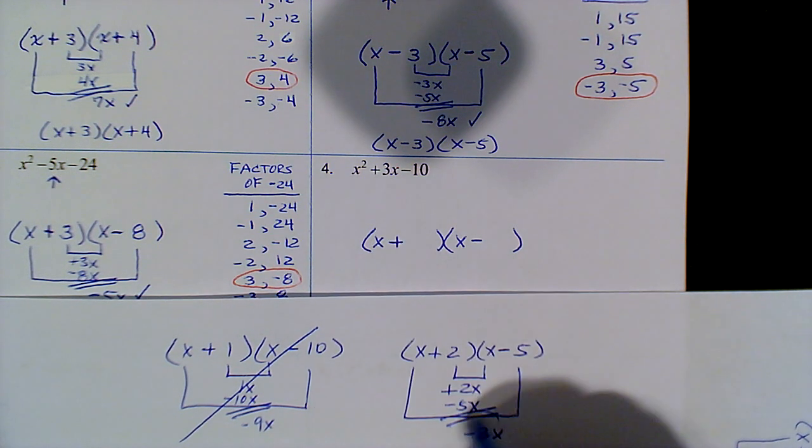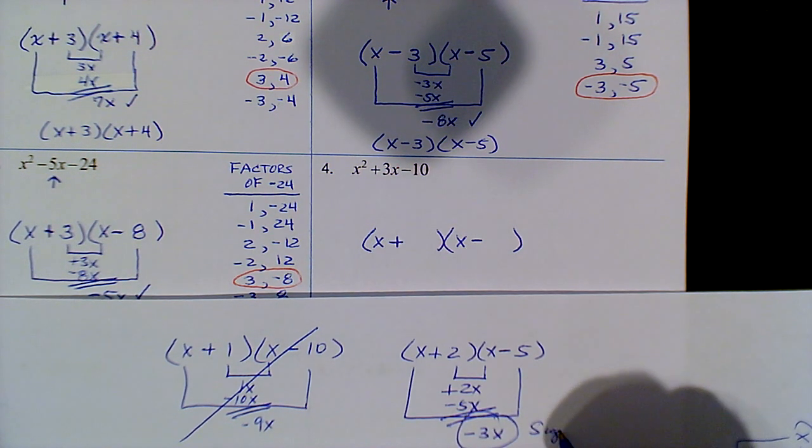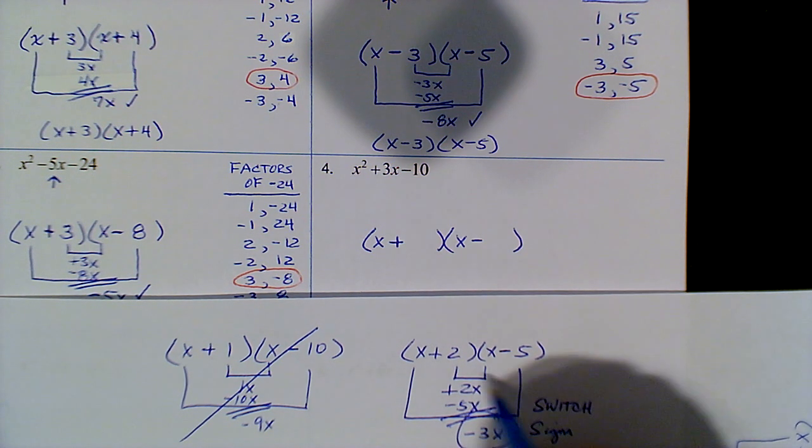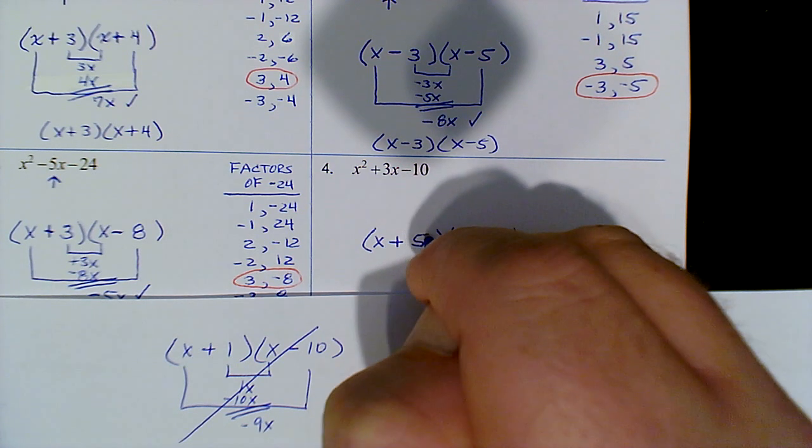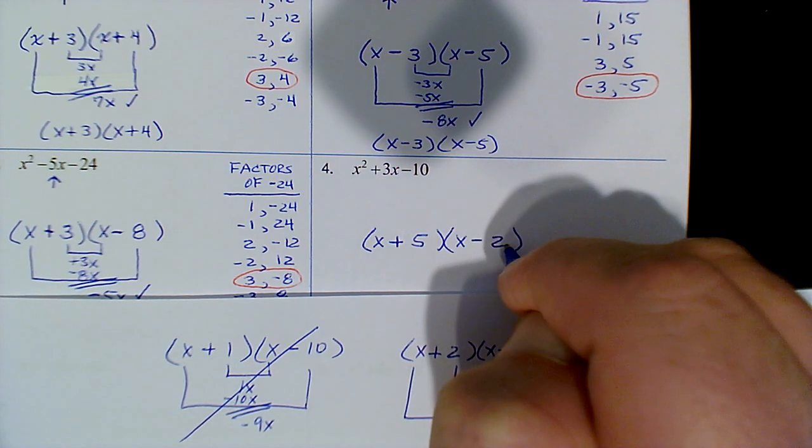So therefore, switch the signs. So instead of 2 being positive and 5 being negative, make the 5 positive and the 2 negative.